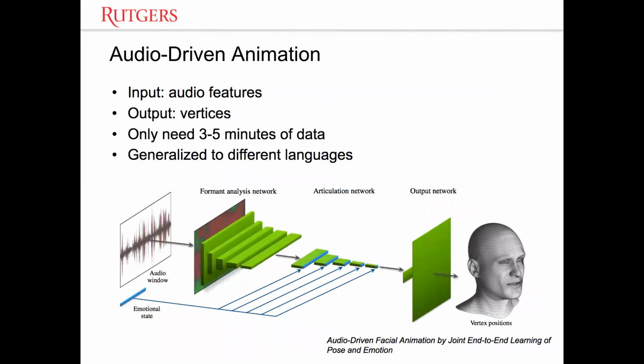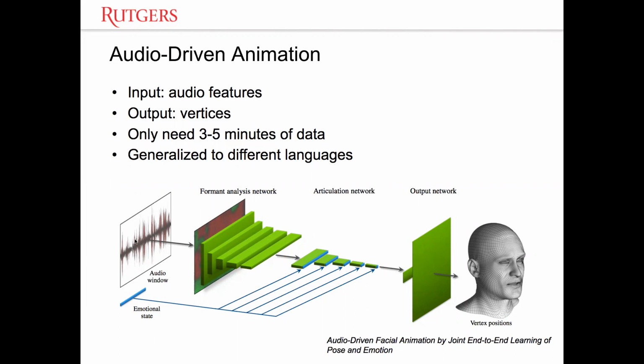Okay, so another work from 2018 tries to do it end-to-end. Like in modern times, we prefer end-to-end things. Previously, we needed a speech recognition module before we could do this content mapping and facial animation synthesis.